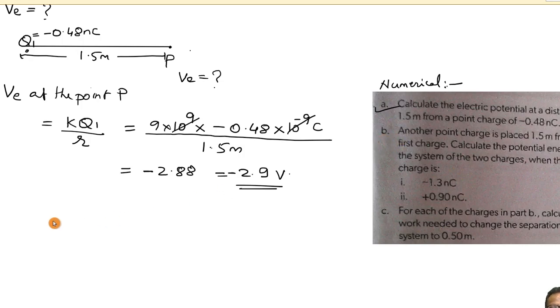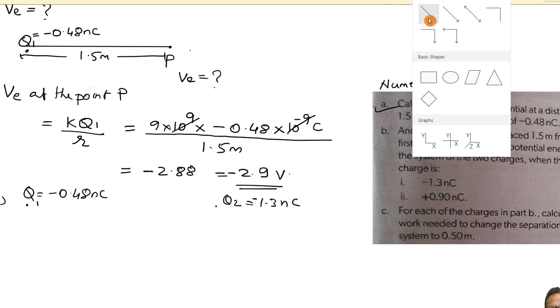Okay, now to deal with this B part of the question, he is saying that another charge is placed 1.5 meter from the first charge. So first charge, that is your Q1, which was minus 0.48 nanocoulomb, is already there. Now he is taking another charge Q2, and this is B1 first we are doing, and that Q2 should be minus 1.3 nanocoulomb, a negative charge, and this second charge is placed at a distance of 1.5 meters.